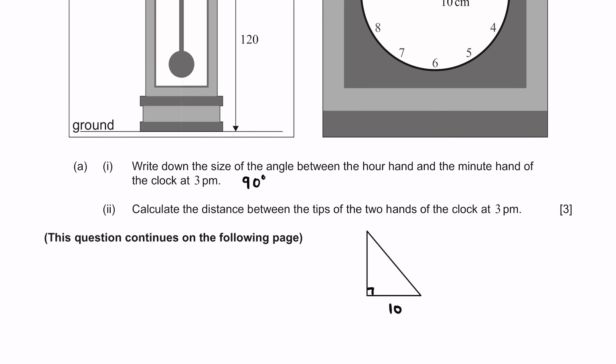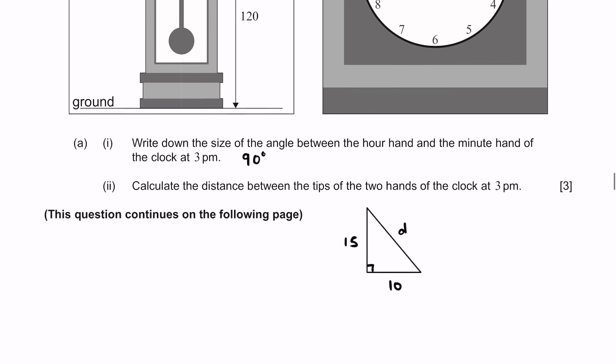We have one side length of 10 centimeters, the other of 15, and we'll want to find D. What is the Pythagorean theorem? It's a squared plus b squared equals c squared, or the sum of the squares of the smaller side lengths or legs of this triangle is equal to the square of the hypotenuse. So what is this?